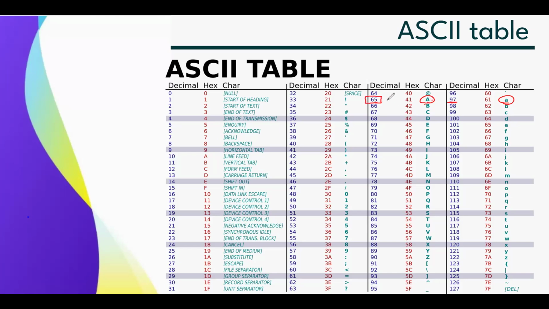We also need to know that the numbers 0 to 9 come even before the letters, and that operators like plus, multiplication and division come before the numbers and the letters.